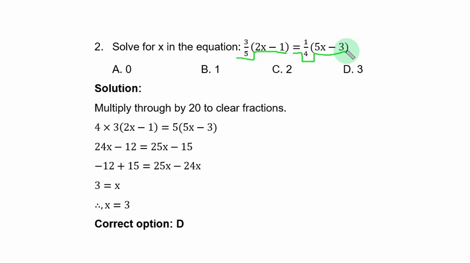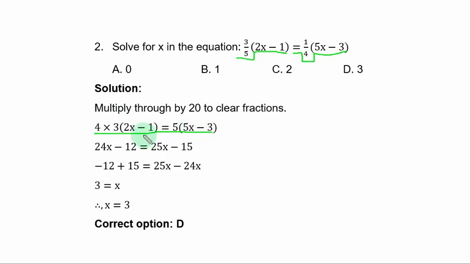You can do this in two ways. To clear the fractions, you can multiply through by the LCM of 20, that is the LCM of 5 and 4, or you simply cross multiply.